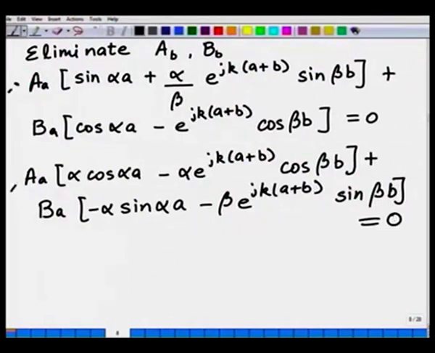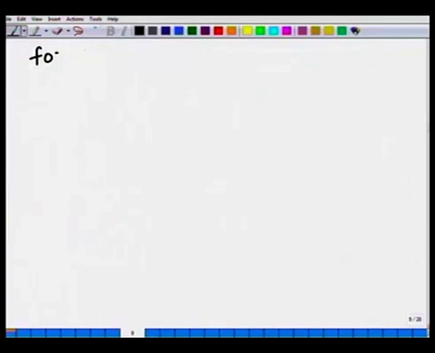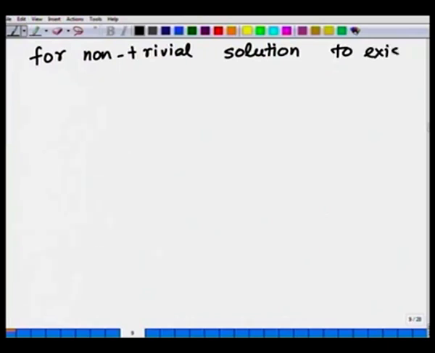Of course, the trivial solution is that both of these, A_A and B_A, are 0, but that is not what we are interested in. We are interested in a nontrivial solution. For a nontrivial solution to exist, the condition is that the determinant formed by the coefficients should be equal to 0.